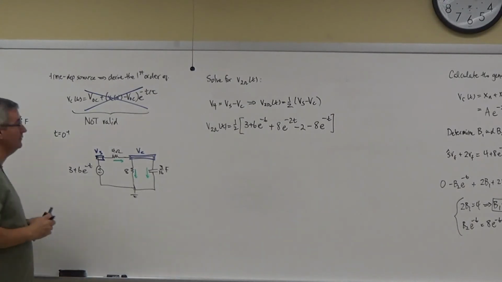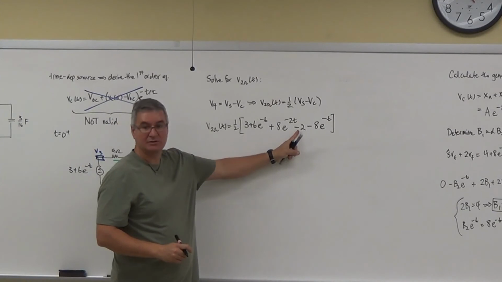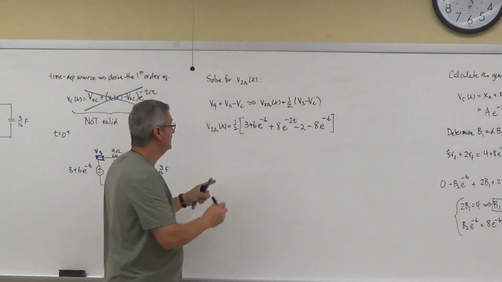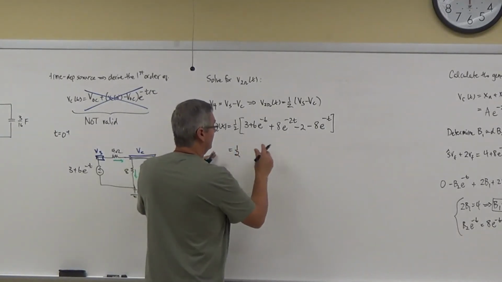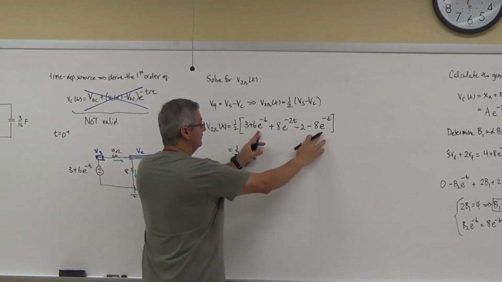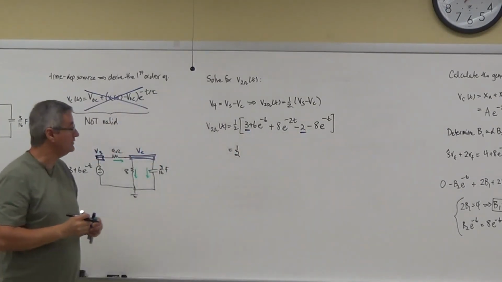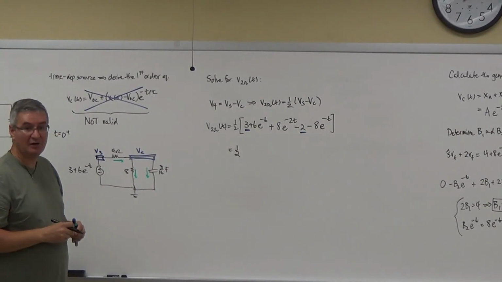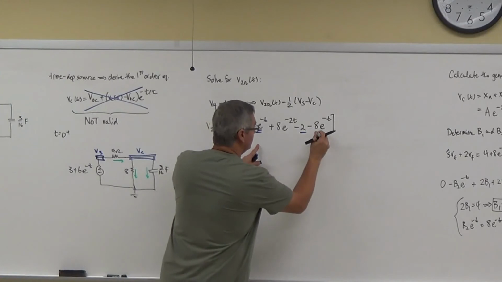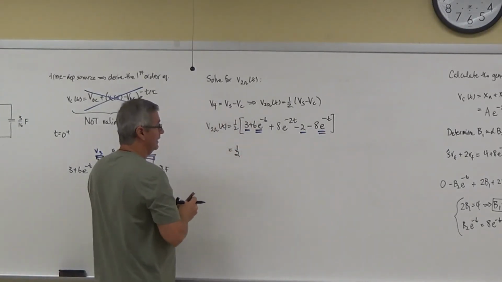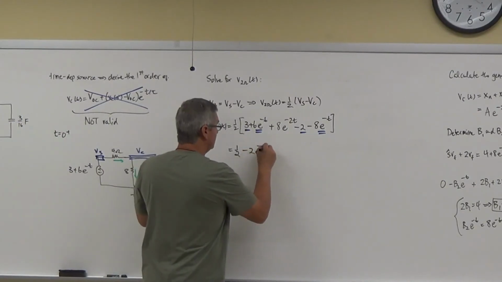So what am I going to get? 3 minus 2 gives me 1. So this guy has to go to 1/2. And then if I add these two together, I should have been careful here. So 6 minus 8, so I should get minus 2 e to the minus t.